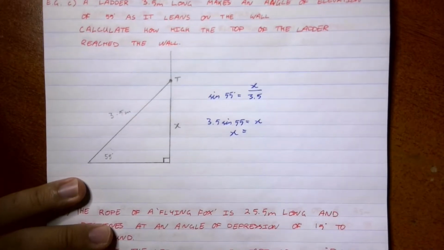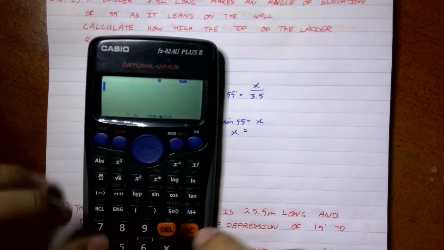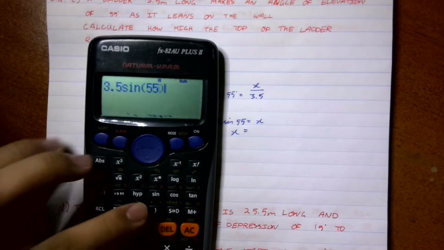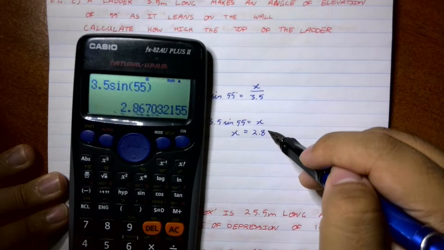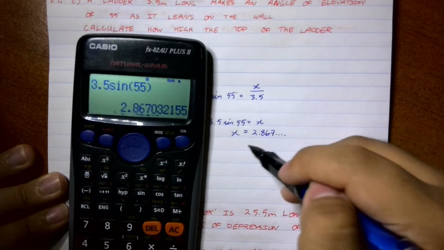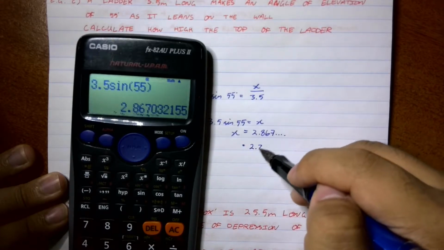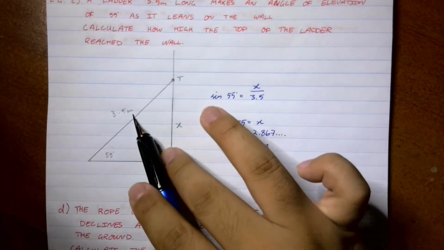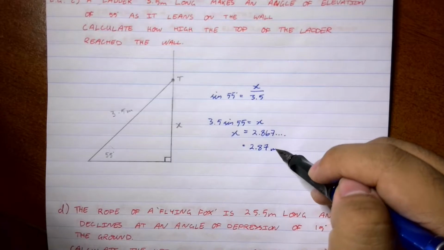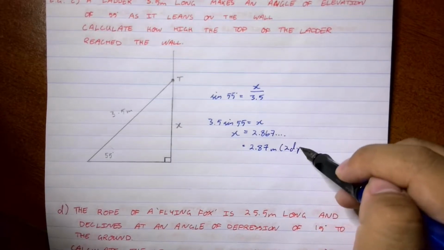We can answer this by inputting it into our calculator. 3.5 sine 55, that is 2.867. Rounding it off, we get 2.87 meters. That's at 2 decimal places that we've rounded to.